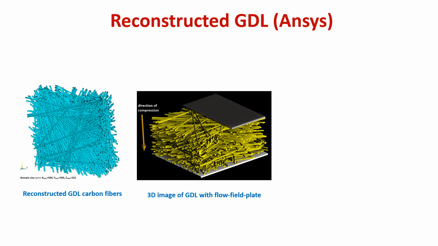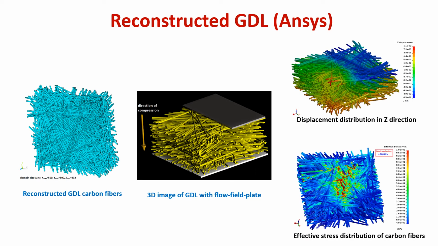So here is another example of reconstructing microstructure. This time it's a GDL for PEMFC, which is carbon fibers stacked randomly layer by layer. Then we perform a finite element analysis on the solid model and obtain stress and strain distributions as shown on the right.